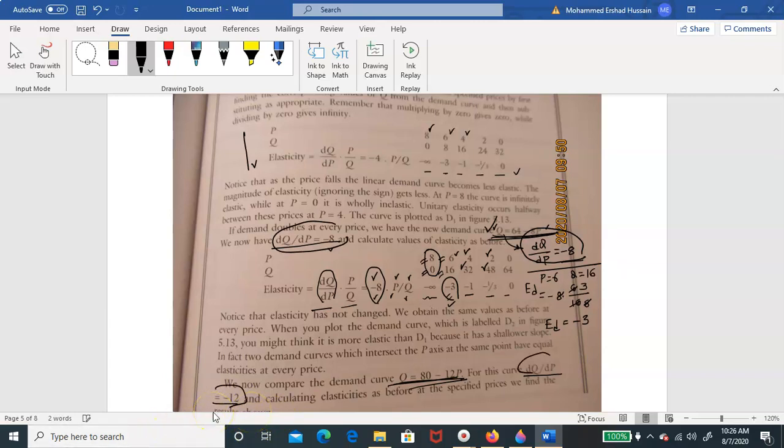And now calculate elasticities as before at the specified prices. So price will be 8, and find out Q and use that. Price will be 6, so substitute 6 here and find out Q and use that to calculate elasticity. Again and again, dQ by dP will be -12.